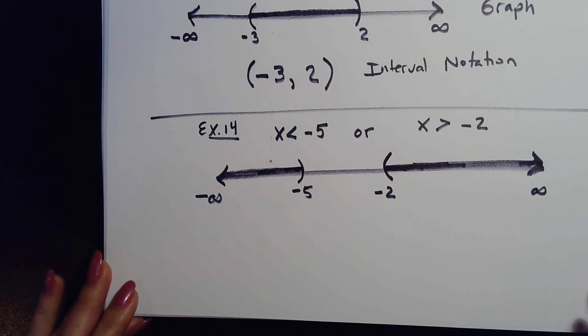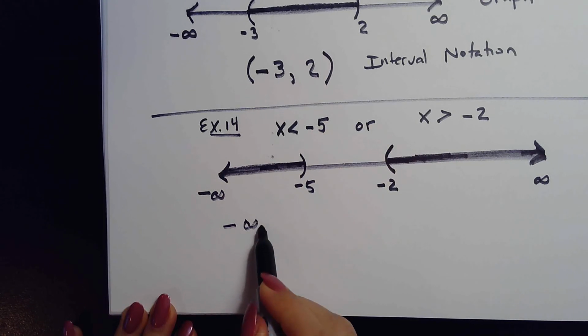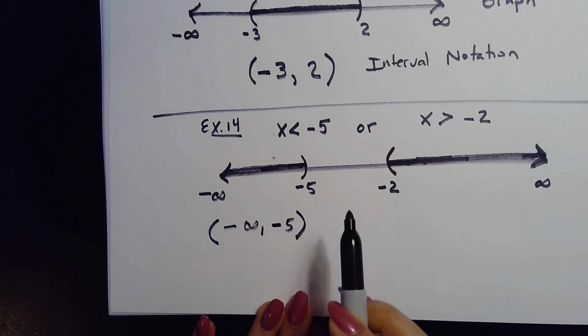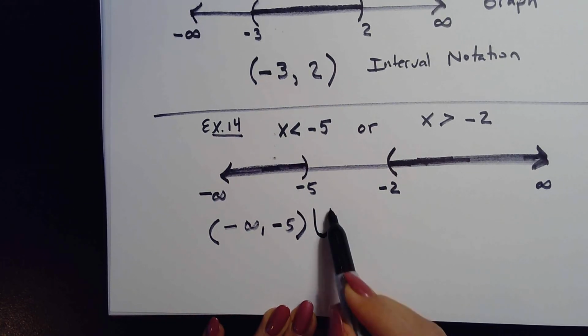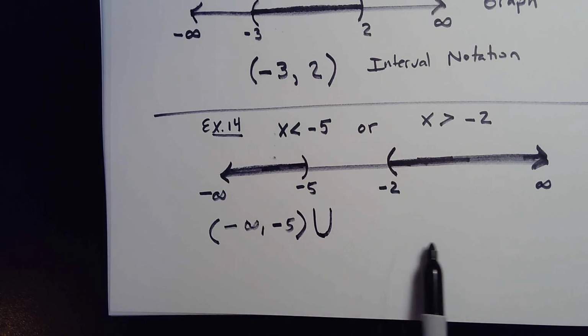Now how do we write this in interval notation? Follow the graph: negative infinity, comma, negative 5, open right at both. You're going to use something called a union symbol to unite the two intervals. Sometimes MyMathLab, instead of the union, uses a comma between the two intervals.